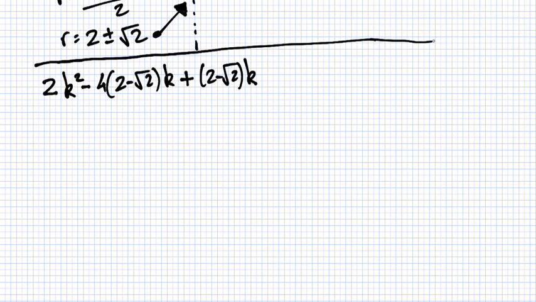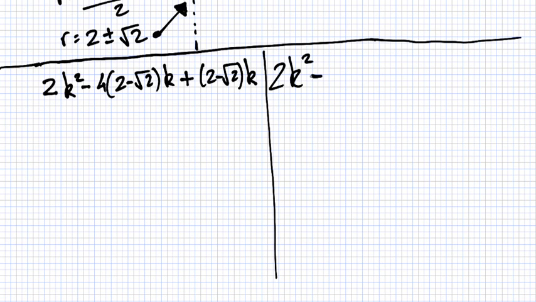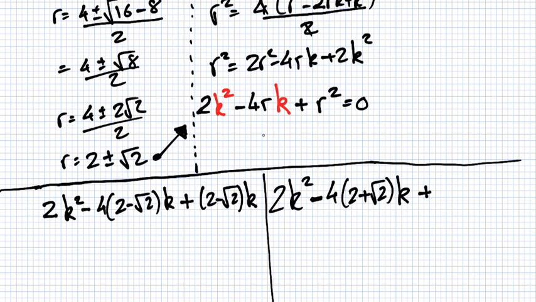So we get two possibilities here. 2k squared minus 4 times (2 plus root 2) k, sorry, I shouldn't have written the k at the end here, there should have been a squared, plus (2 plus root 2) squared.